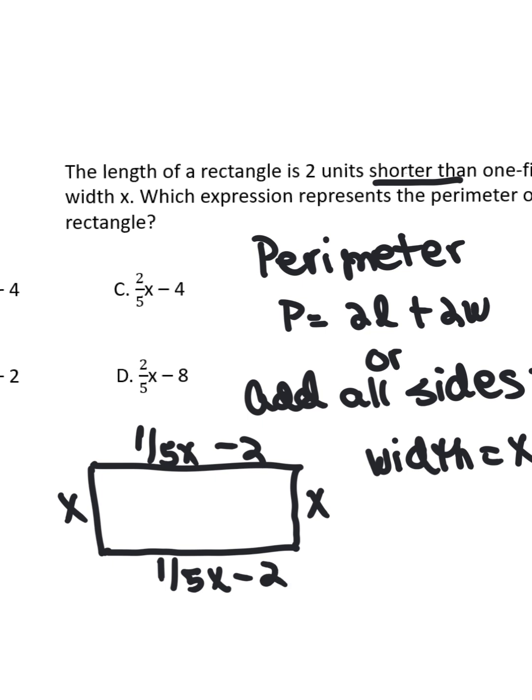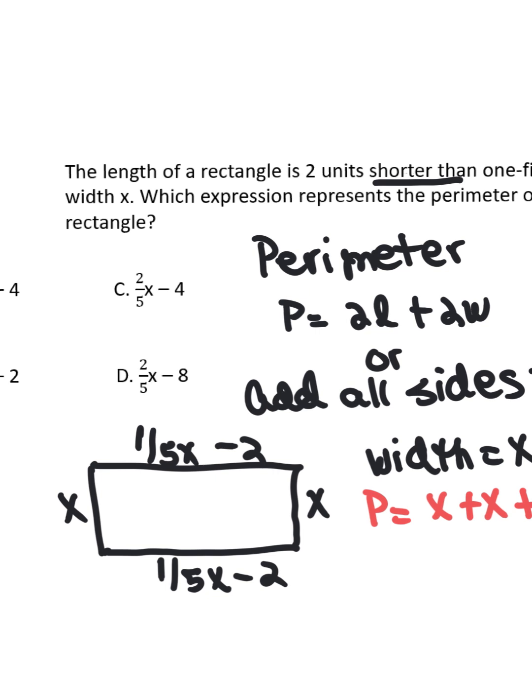Now, to get my perimeter, I'm just going to add these together. So my perimeter is going to be x plus 1/5 x minus 2 plus 1/5 x minus 2.